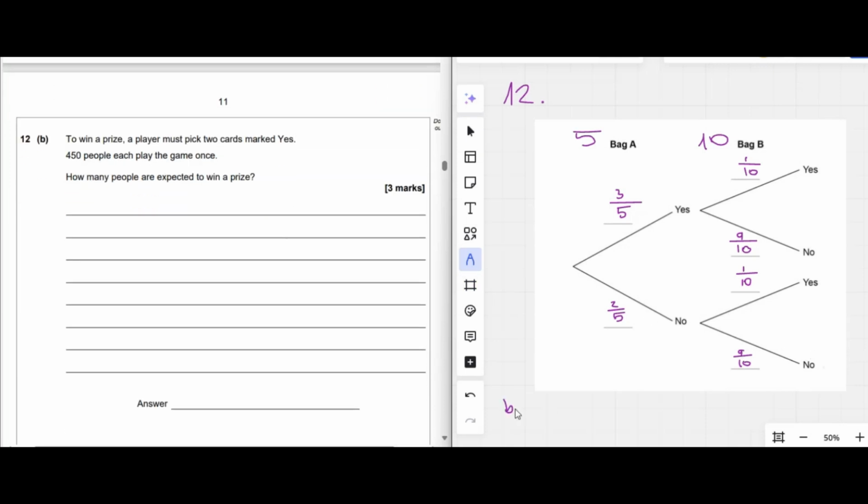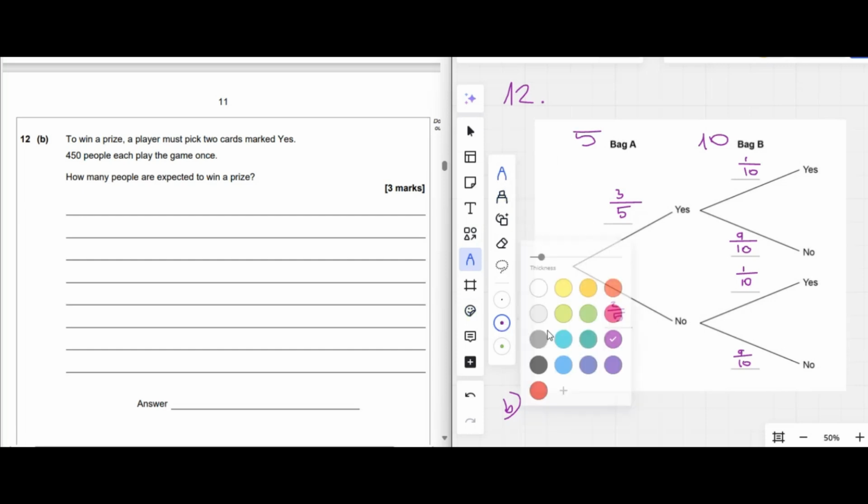Now let's use it. To win a prize, a player must pick 2 cards marked yes. 450 people each play the game once. How many people are expected to win a prize? So 2 cards marked yes, it will be this way, yes and yes.